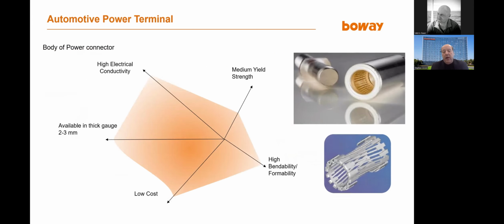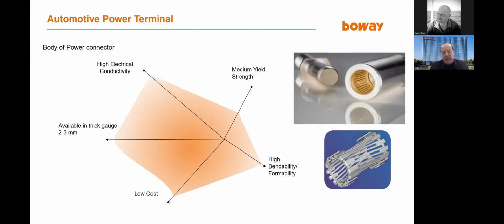If we are moving now to automotive power terminals, you can see here two pictures. One is, you can say, a rather large contact, with a big body and a spring inside. If we think about the spring, we can go back to the signal properties. But if you go to the body, this is using a lot of copper, and as such, it must be something which can be done even in these thick gauges, which is required.